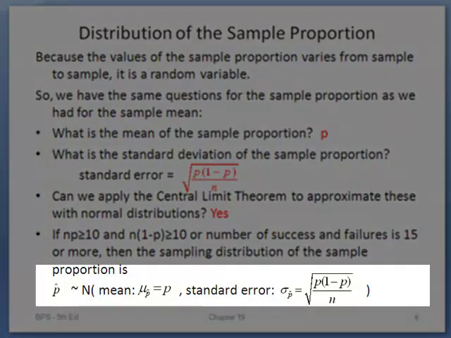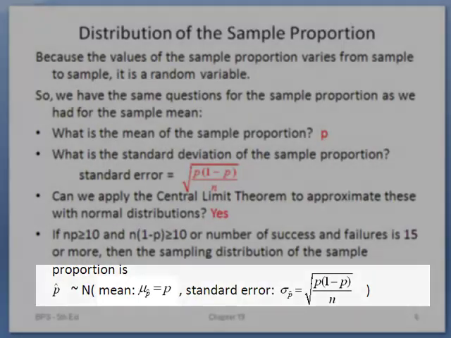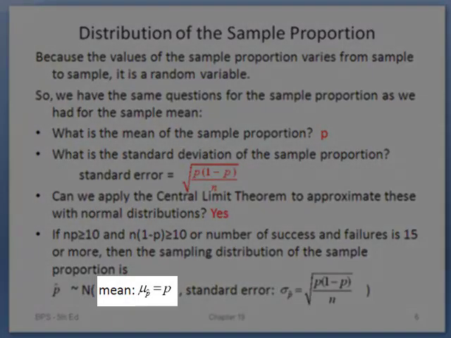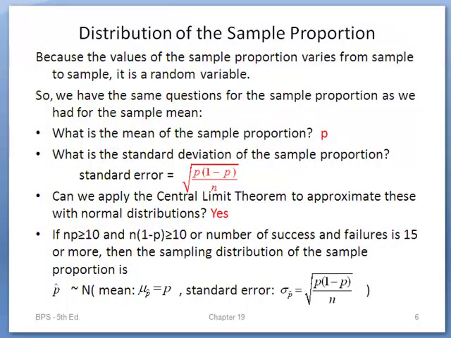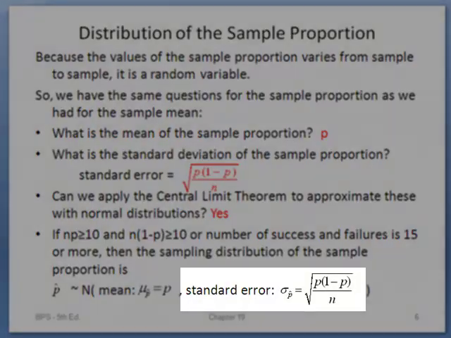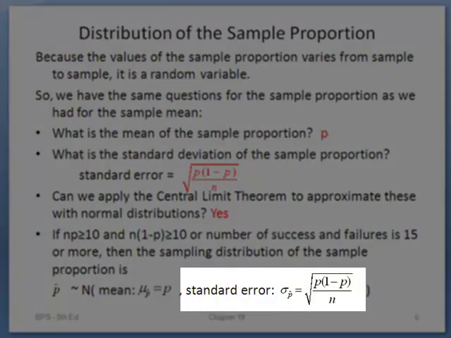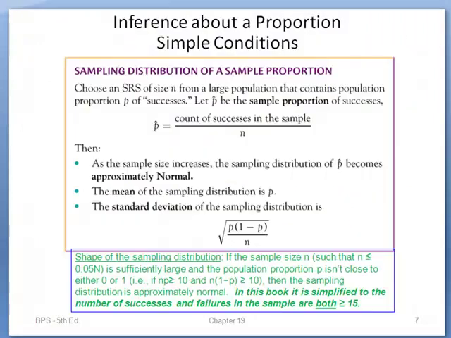Then the sampling distribution of the sample proportion, this p hat, is approximately normal, and the mean of our sampling distribution is just p, the population proportion, and the standard error, or the standard deviation of our sampling distribution of the sample proportion, is the square root of p times 1 minus p divided by n. So this is just a nice, concise way to write what we just wrote.